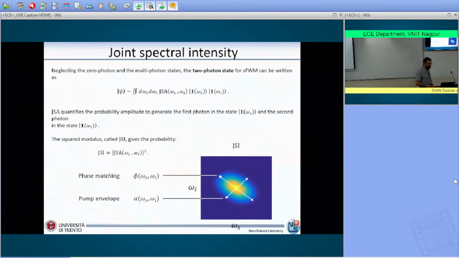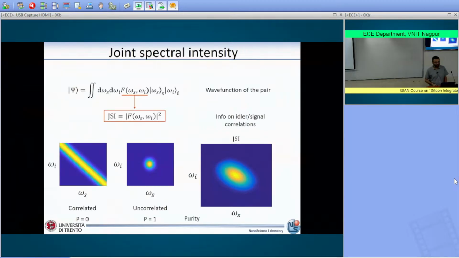Now we can compare the joint spectral intensity of an extremely low purity single photon state with that of a very high purity single photon state in a heralding photon source.